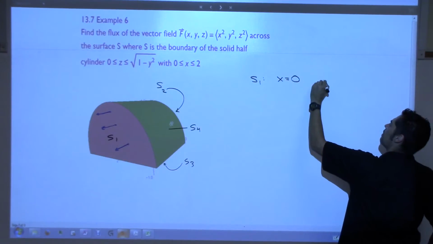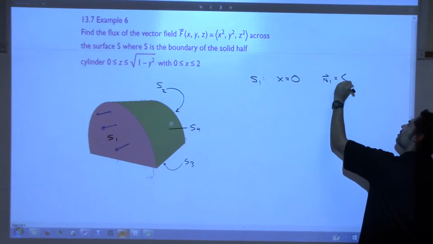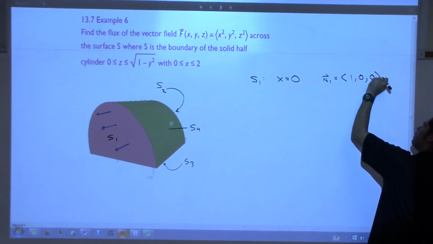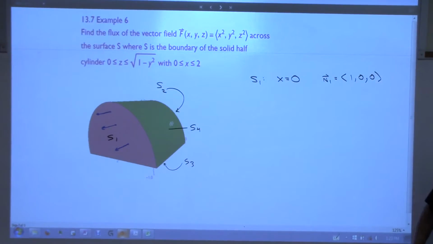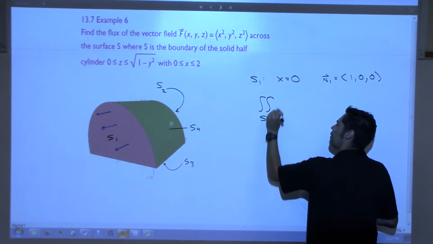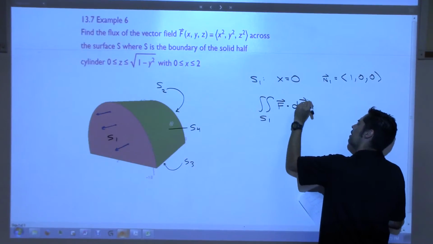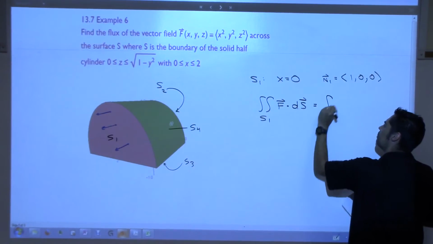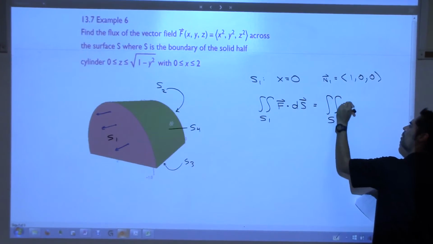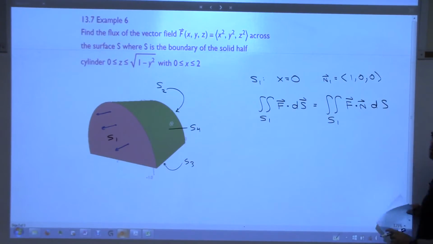The normal vectors for this surface S1 all have this in common. They're all 1, 0, 0. And that means that if I want to find the flux here over S1 of the vector field dotted ds, I could just do this, F dot n ds.